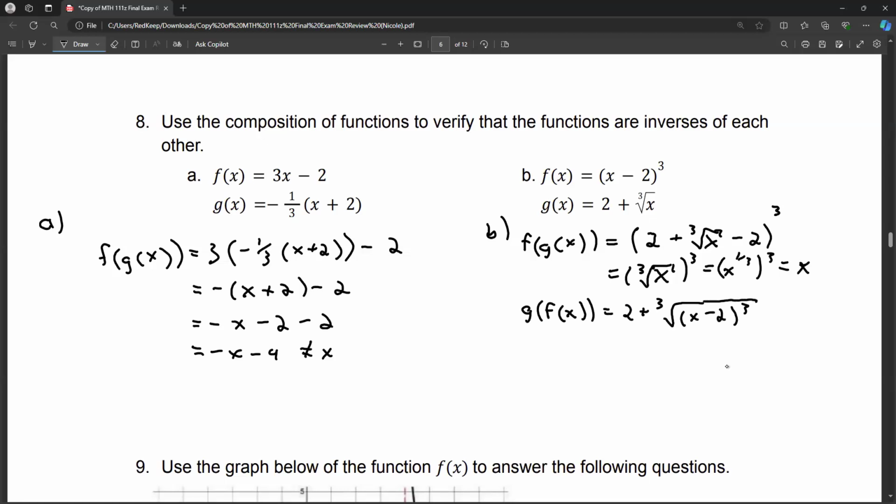Again, for a similar reason, the cube root undoes the cube, and we'll have 2 plus x minus 2, which nicely simplifies to just x. So perfect. We see now that in part B, f and g are inverses of each other.